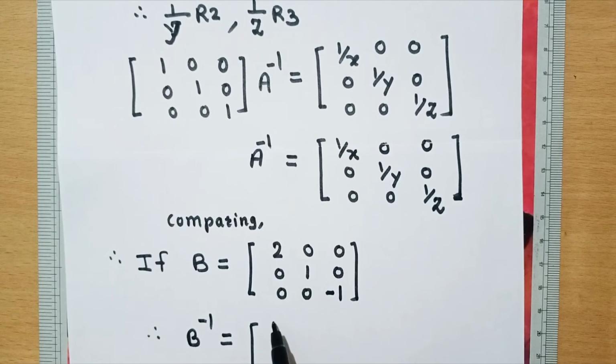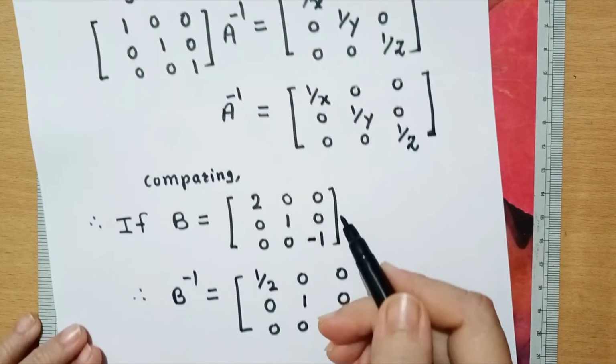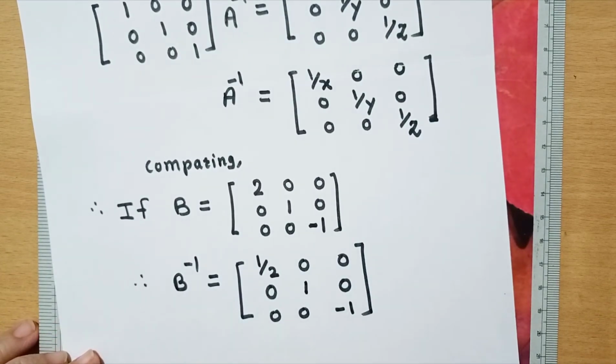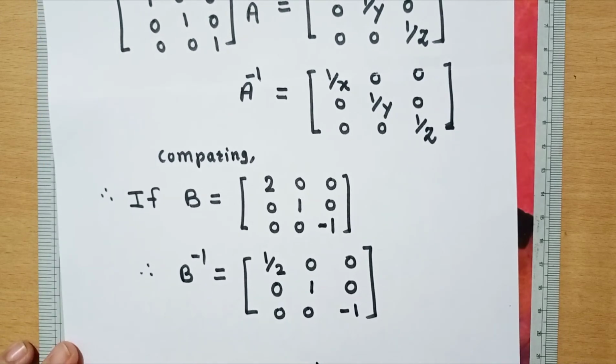Means this element we will write as 1 upon 2. Then this is 1 upon 1 means 1 only. And here 1 upon minus 1 means minus 1, and so this is the inverse of B. By this way we can find the inverse of such type of matrices.